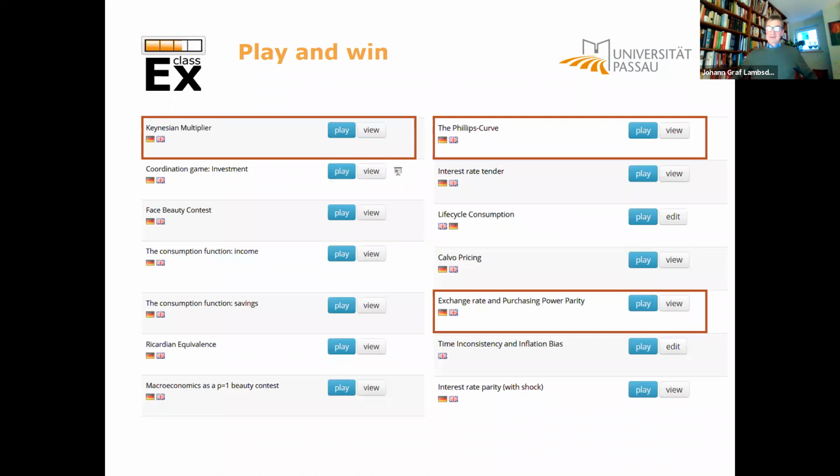Okay, so this was my overview of the games that we know so far that work well. At the same time, there are still many things in macroeconomics that we don't cover yet. For example, we have no game on growth theory. I guess there will be many other chapters in macroeconomics.